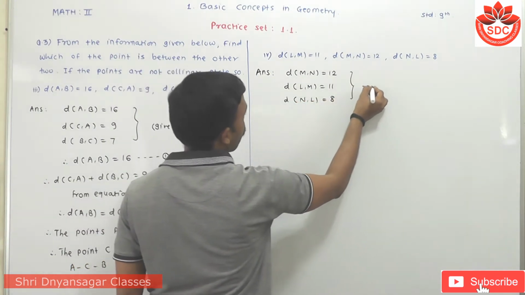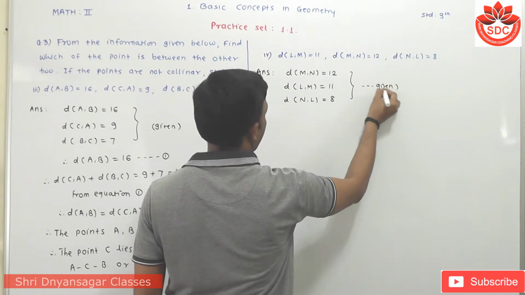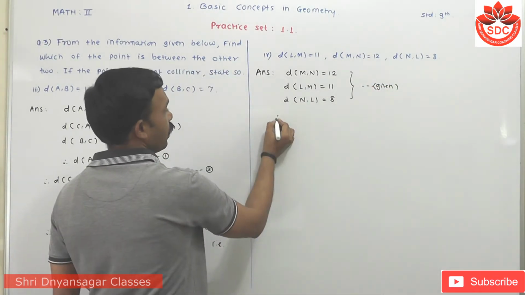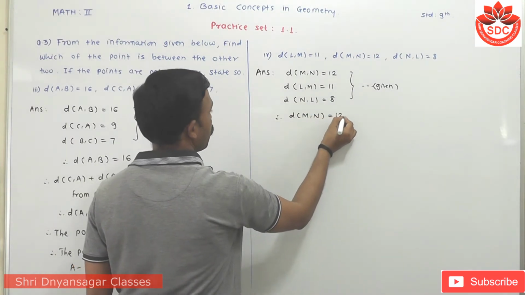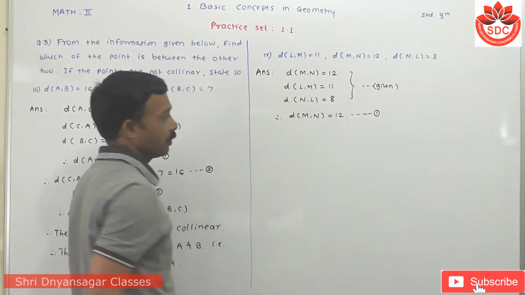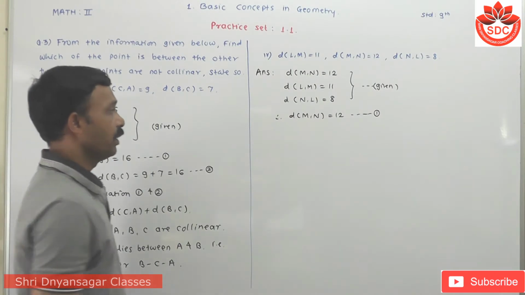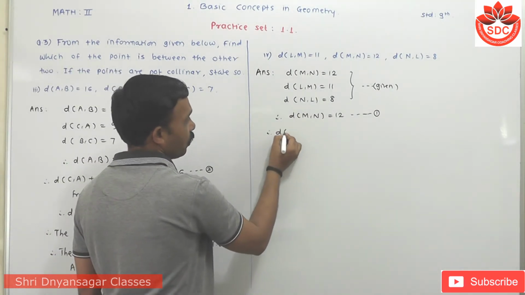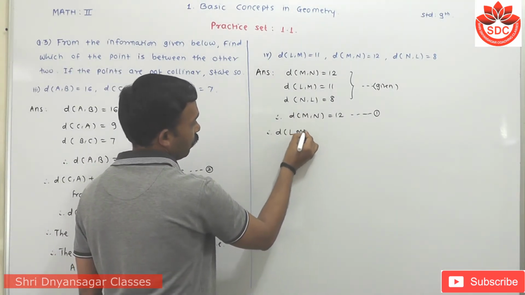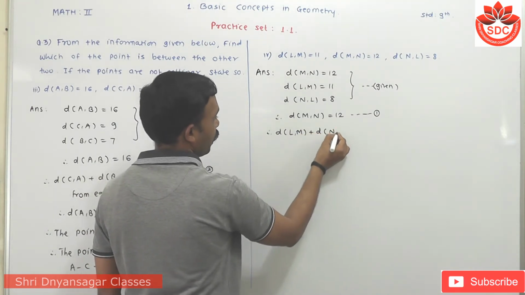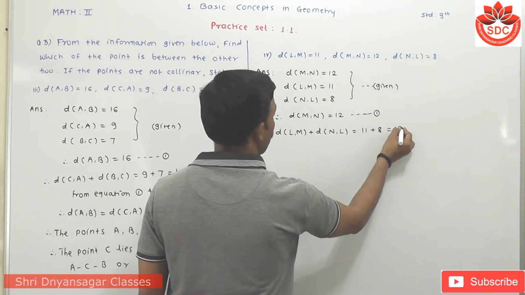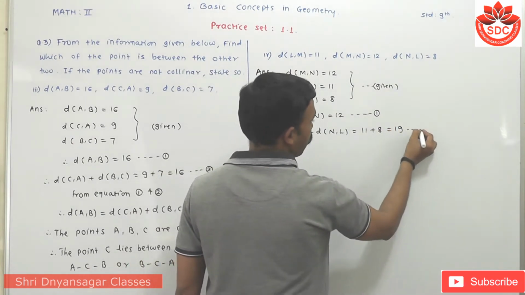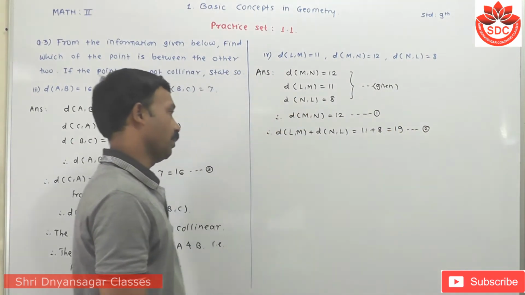All these values are given. Here the larger segment is the distance of MN equals 12, suppose equation first. Then we take the addition of the remaining two: the distance of LM plus the distance of NL equals 11 plus 8, which becomes 19. Suppose this is equation number second.